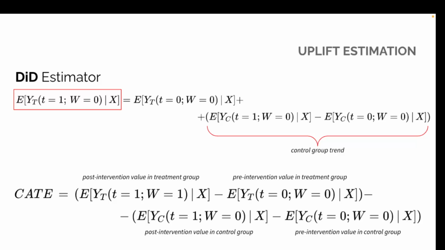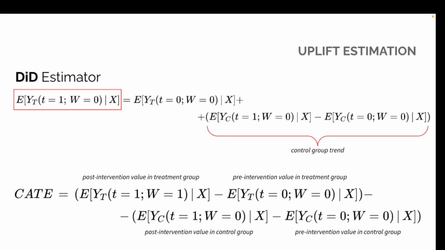So let's look at the second term in parentheses. There is a difference. What is it? It tells me what kind of change I observe in the control group after the intervention, because it's a difference of the same variable before and after the intervention. T is 0 in the last term, and T is 1 in the second term.